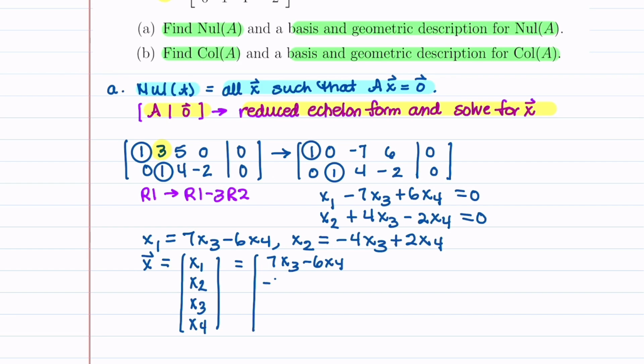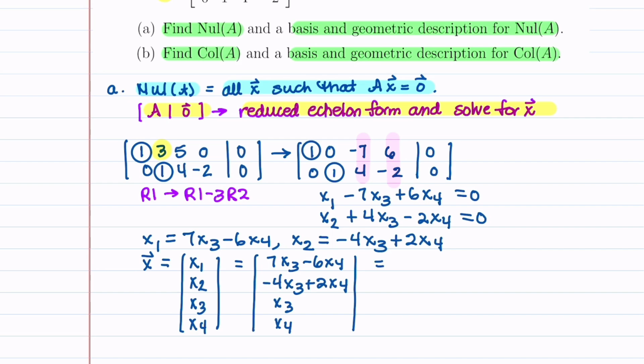Our x2 was minus 4x3 plus 2x4. And then this is the part where students always get confused. x3 is a free variable, so it goes in as itself. And same with x4, there is no pivot in the x3 column or the x4 column. So those are our free variables and they go in as themselves. And there we have our x.